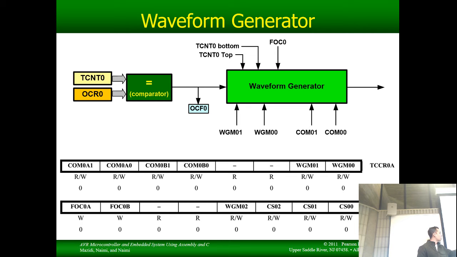The A means we're on channel A. So we've got COM0A and COM0B, 2 channels worth of control. And finally, it's 2 bits, so it's 1, 0, 1, 0. Those are the most significant bits. Now, each of these combinations does something different. It tells the waveform generator to do something interesting.